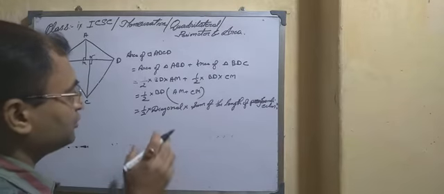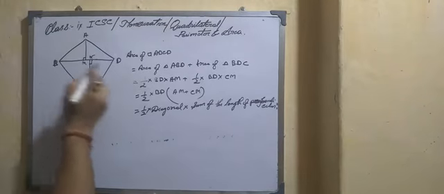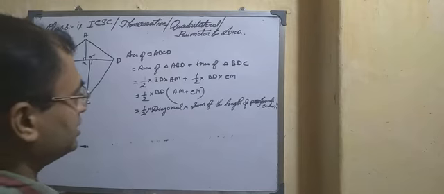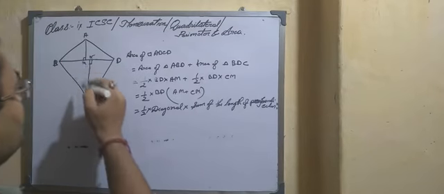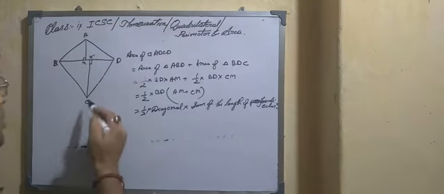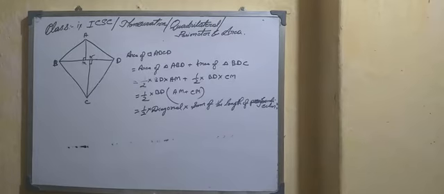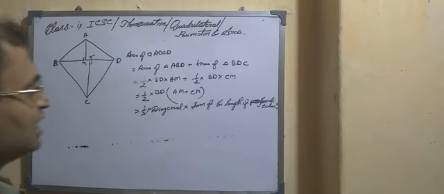We apply this formula when one diagonal is given, along with the lengths of the perpendiculars from the remaining vertices to the given diagonal.